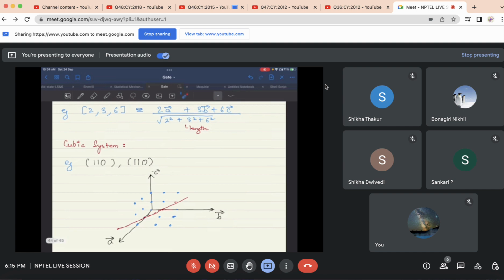Now coming to the cubic system. So I have moved from a one-dimensional lattice plane to a cubic system, which is 3D. Here we again have the same type of arrangement, three axes a, b, and c, and these are the lattice points in three dimensions. I tried to make it. Then in our question, we were asked about the distance between two successive planes.